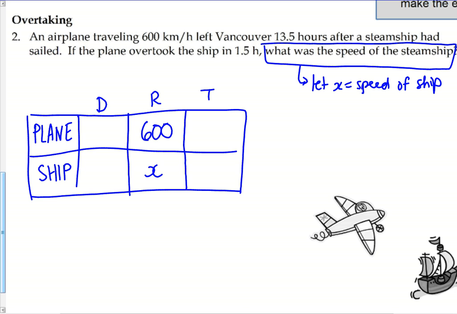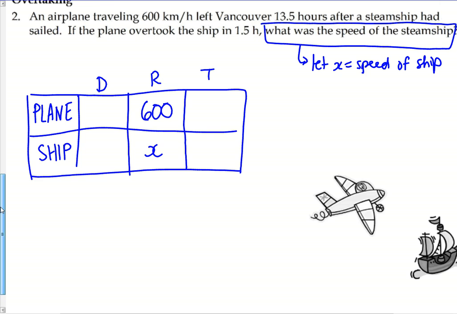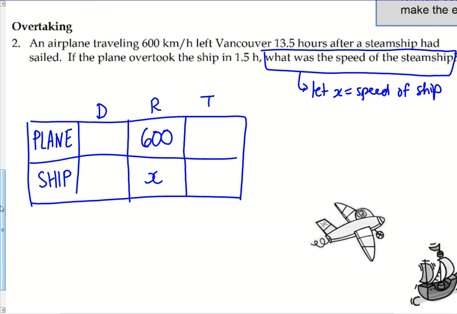What else do we know? Time. Okay, tell me how long the plane traveled for. 1.5 hours. Can you tell me how long the ship traveled for? Nope. Yes. 15 hours. Okay? Why did the ship travel for 15 hours?